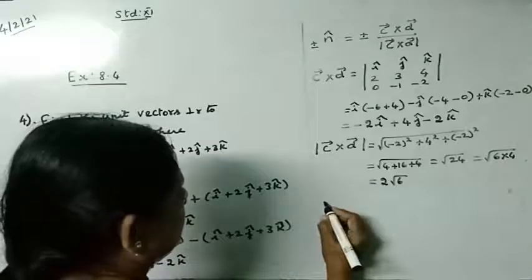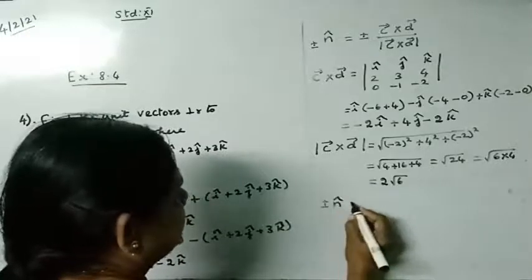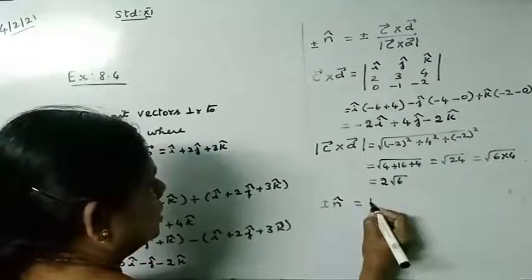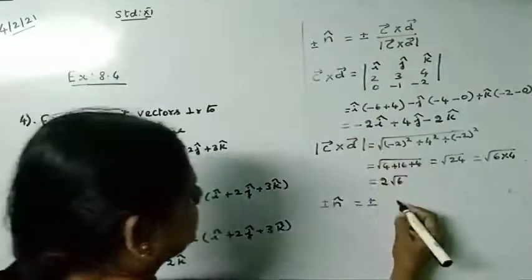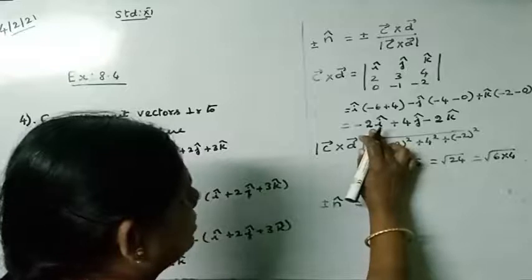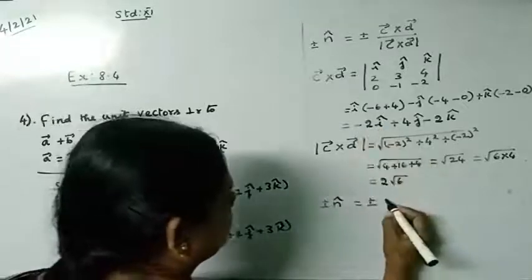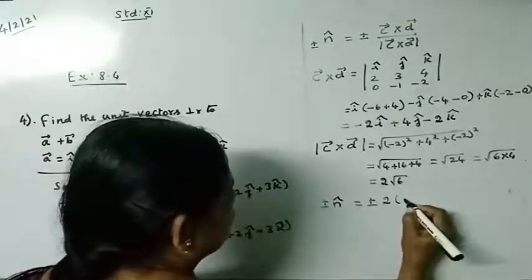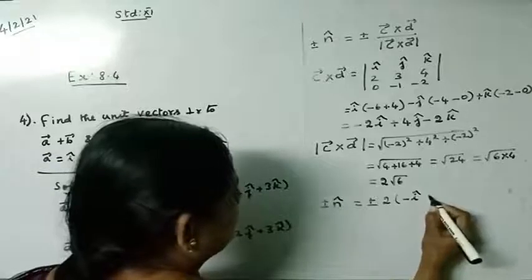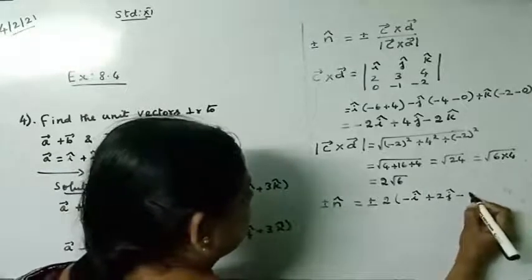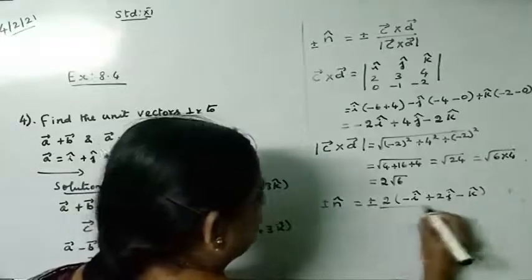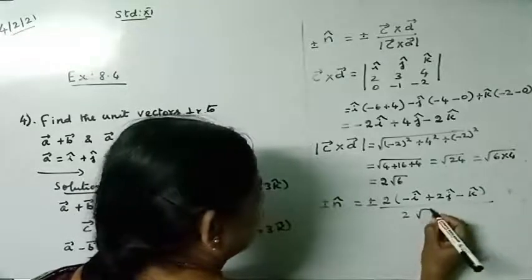And now write down the formula. Plus or minus n cap, unit vector, is equal to plus or minus C cross D. What is the answer? Here it is. Take minus 2 as common, or 2 as a common number. So the balance is minus i cap plus 2j cap minus k cap, divided by 2 root 6.